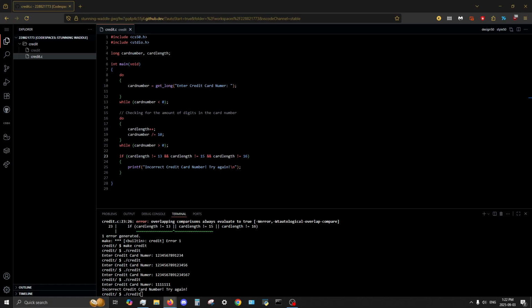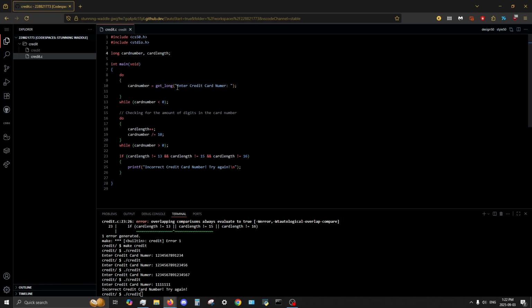Okay, so yeah. What we've done so far is we got one variable long card number, one variable long card length.